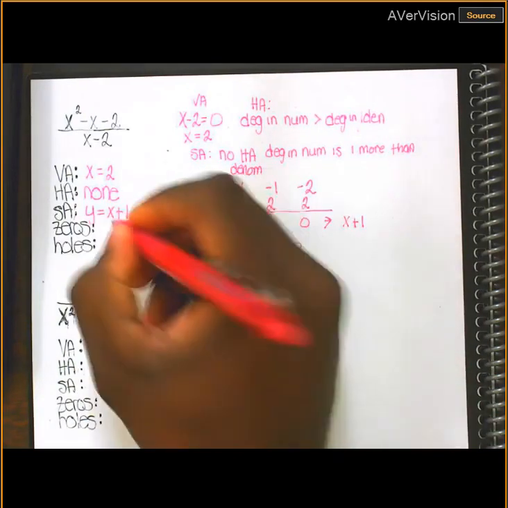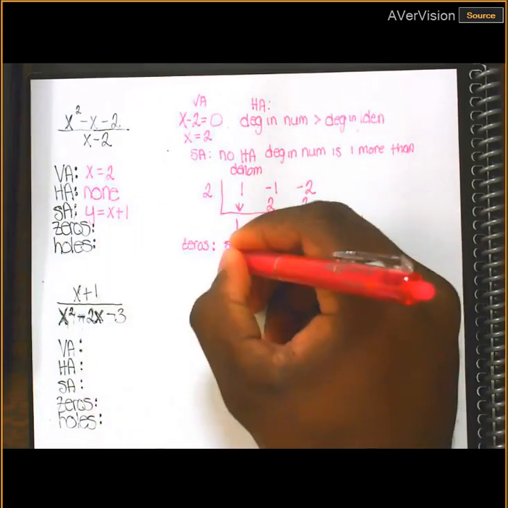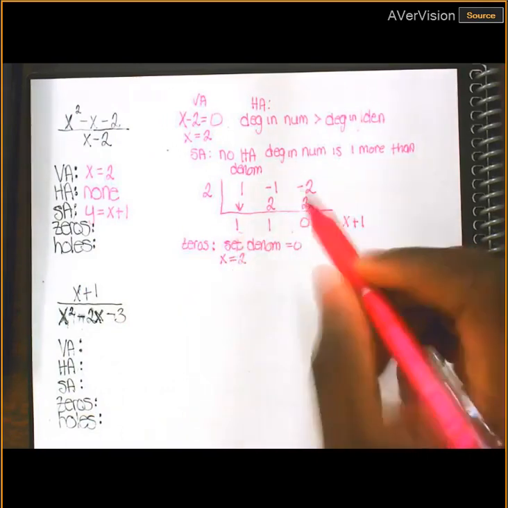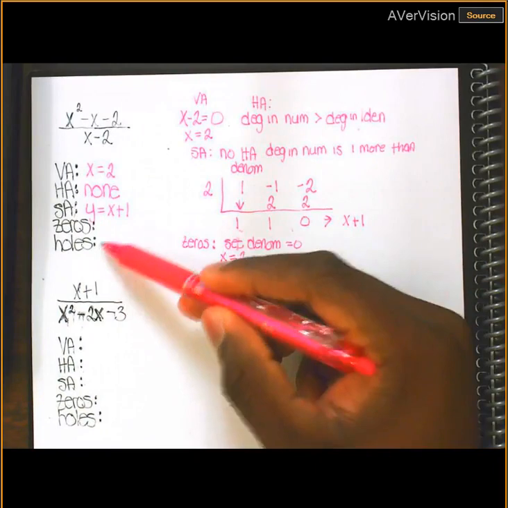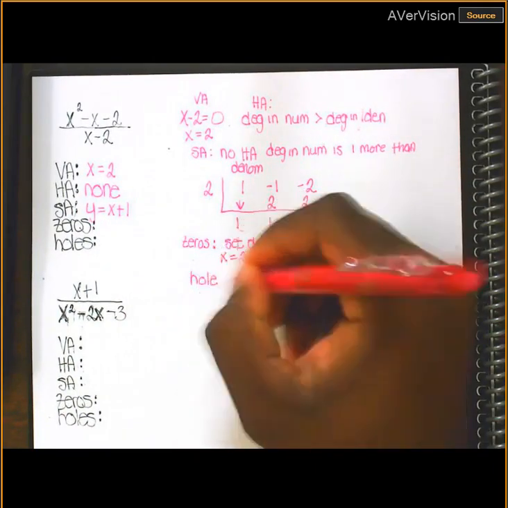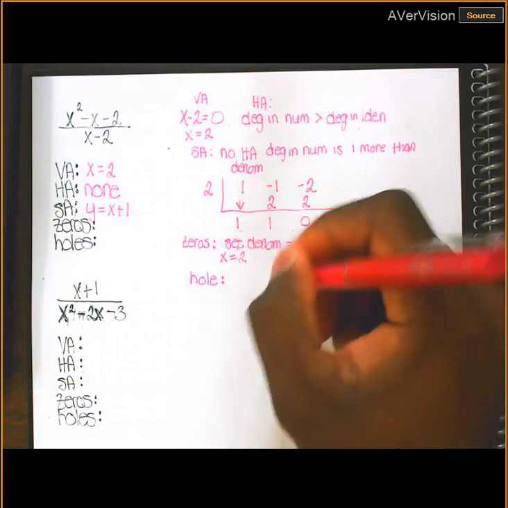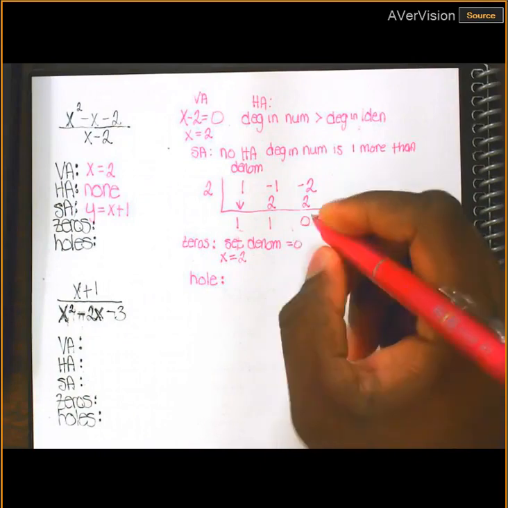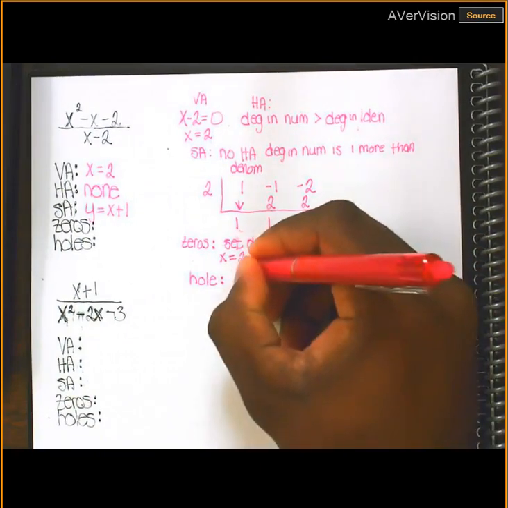And we see that we have x equal to 2. But we don't want to put it down as a 0 yet, just in case it's a hole. How do we know if it's a hole? How do we find holes? Yeah, we factor out the numerator and the denominator.